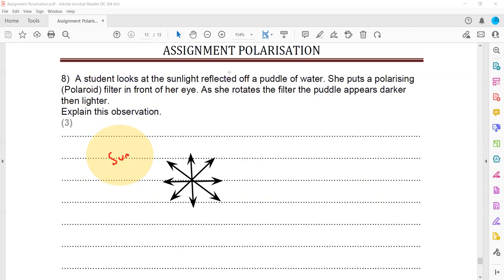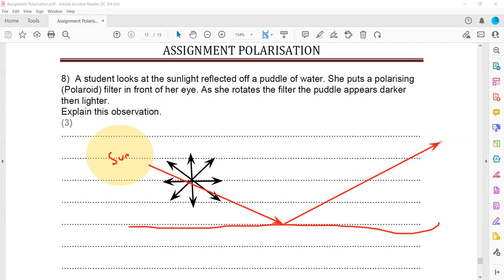Unpolarized light will have a high intensity as compared to polarized light because it is having many components. But what happens due to reflection, as the light is reflected from the surface, it becomes horizontally polarized, or according to the plane of the reflecting surface, it is polarized partially.